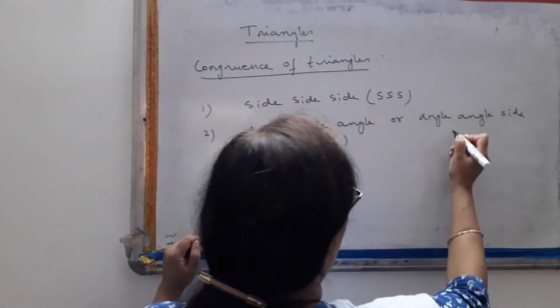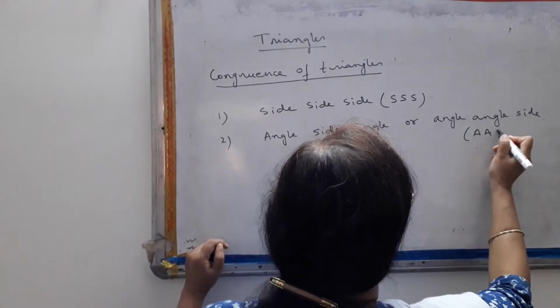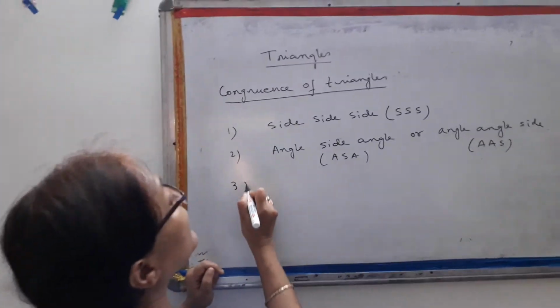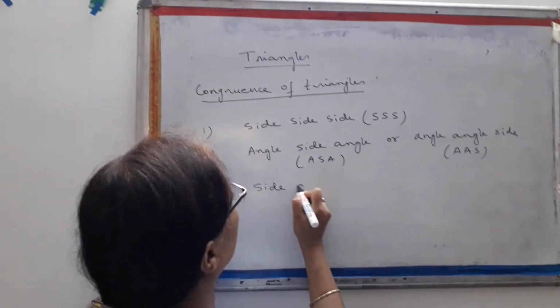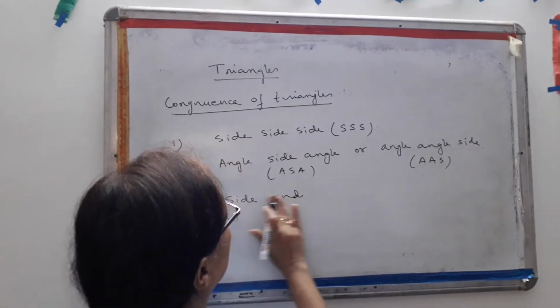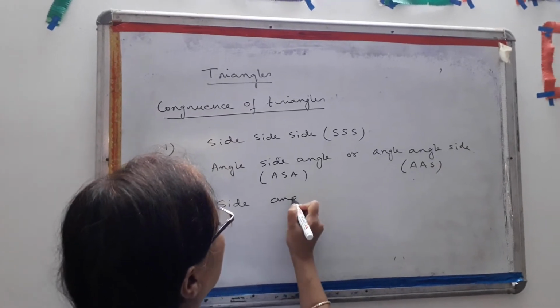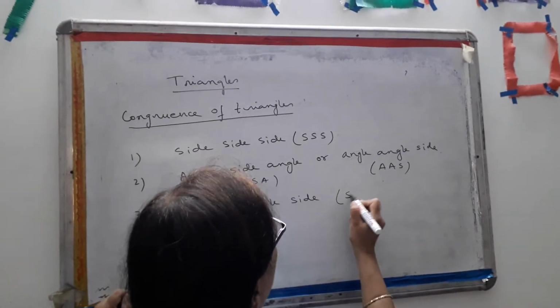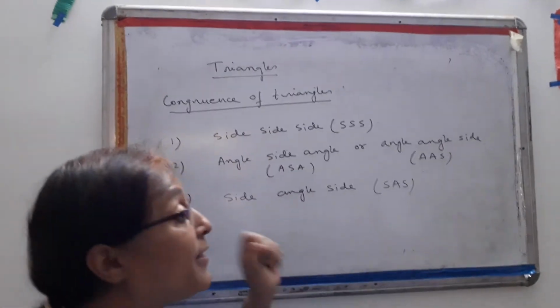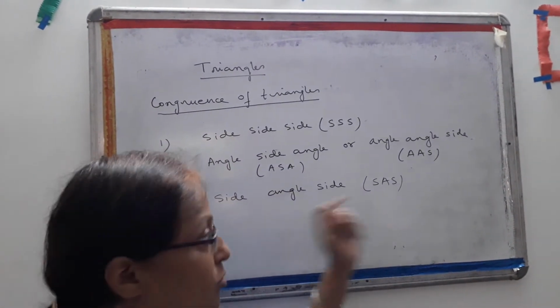The short forms are ASA and AAS. Number 3, side, angle, side. And this is the condition we say SAS. We never write SSA. This is wrong.